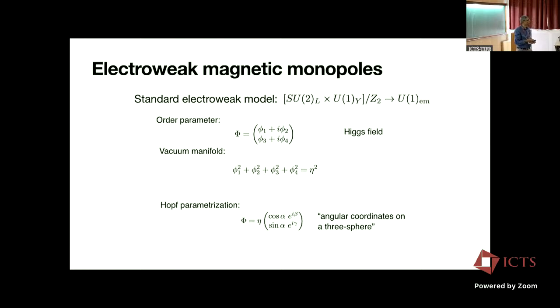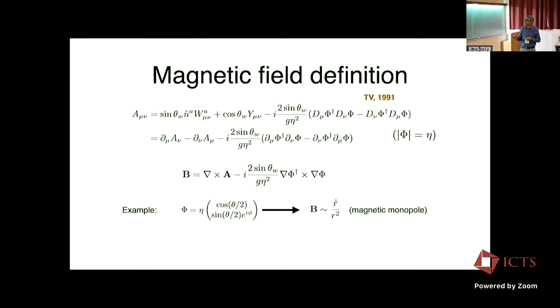If you want to draw an S3, you have to draw a solid S2 and identify certain points. But there are no holes of that kind in S3. So it's a little confusing why the vacuum manifold seems trivial as far as pi 2 goes, and yet you have configurations that look like magnetic monopoles.